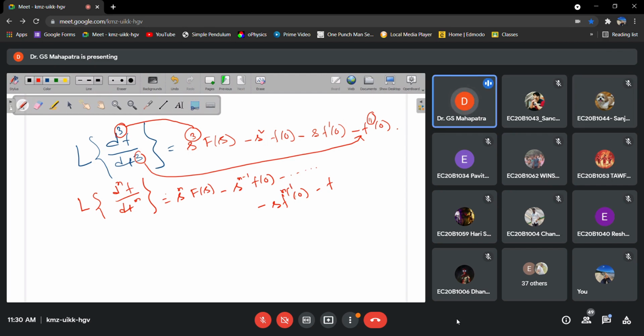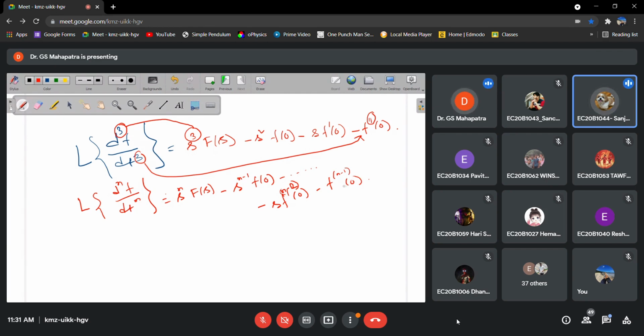We would have just 0, but is it f dash 0? s into f. What is the derivative? n minus 1 or n minus 2? N minus 2, sir. Correct. That's not n minus 2, sir, because the second term is s power n minus 1, which means the third term will be n minus 2, sir.